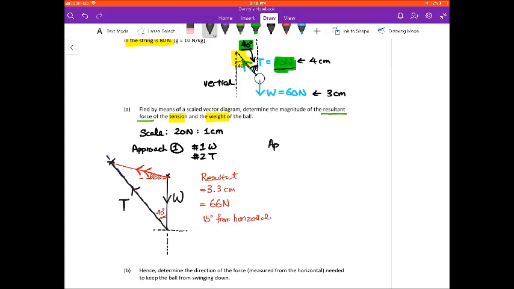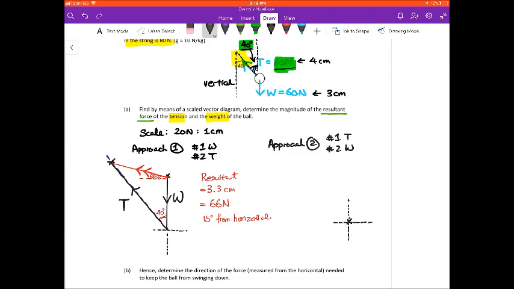Let's say if I do it again, but this time round, I want to draw my tension first, and then I want to do the weight. So tension first, I want to start here because I know that I'm going to draw upward towards the northwest position. So same thing, once I know this is where I start, I will want to draw a bearing here so that it's easier to measure.